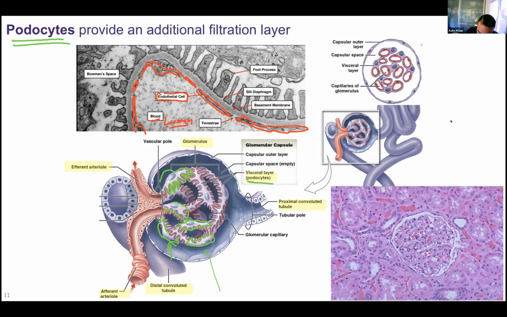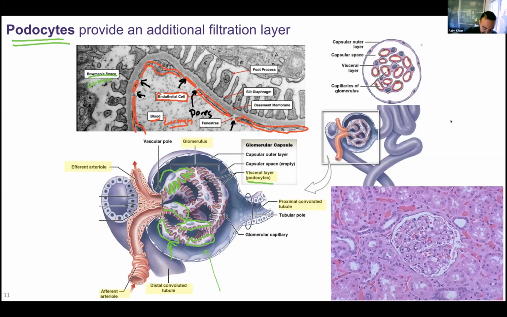And you see pores, those fenestrations here, where stuff can filter out. Our Bowman's capsule lumen is out here.